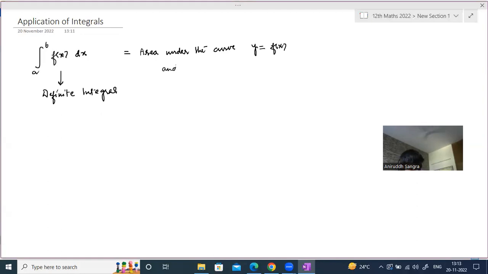and x-axis, bounded by the lines x is equal to a and x is equal to b.